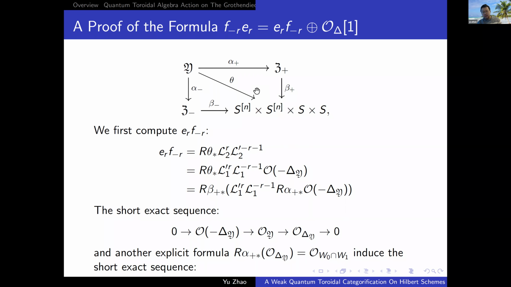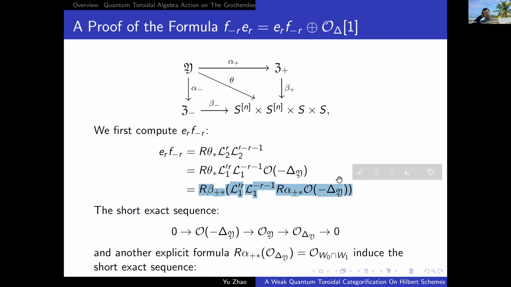So how do we do that? First we compute the Rf^{-1}, as we have said it is the push forward of line bundles on the minus side, and as alpha minus has rational singularities, it is the push forward of the line bundles on Y. We could also use the other side of the diagram and first get this formula.